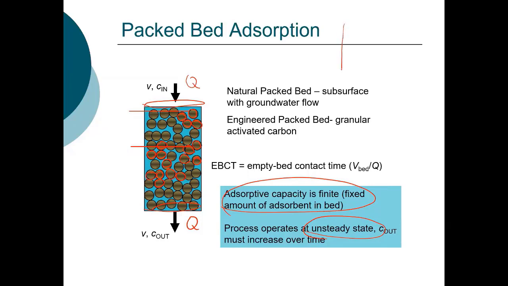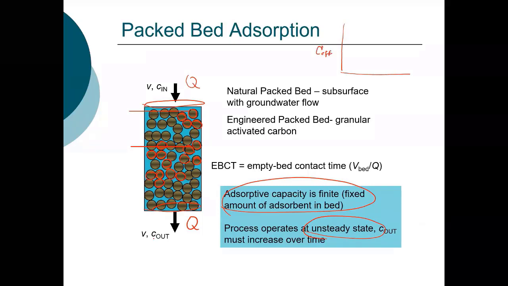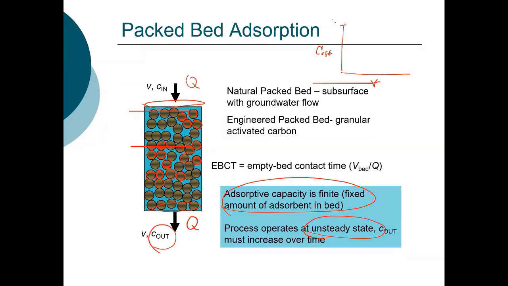So what we would see if we plotted the concentration in the effluent, so the concentration leaving here, as a function of the volume treated, and this is C naught, what you typically see is the concentration would be relatively low, and then it would start to increase, and it would reach that initial concentration if you let it go long enough.